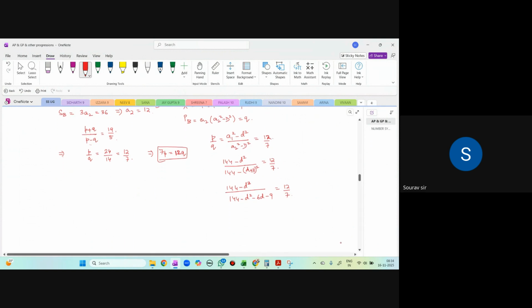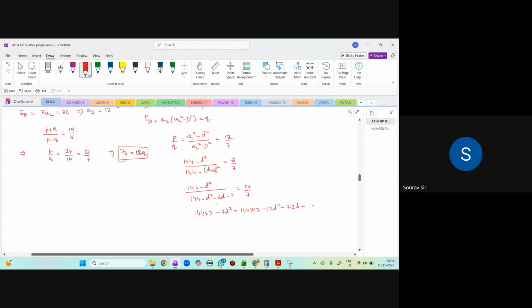I can again do componendo dividendo, or okay, let's do it directly. So 7 into 144, 144 into 7 minus 7D square is 144 into 12 minus 12D square minus 72D minus 12 into 9, which is 108.